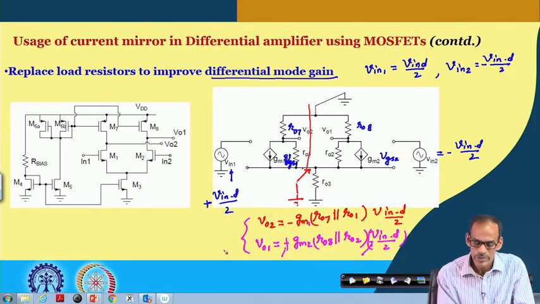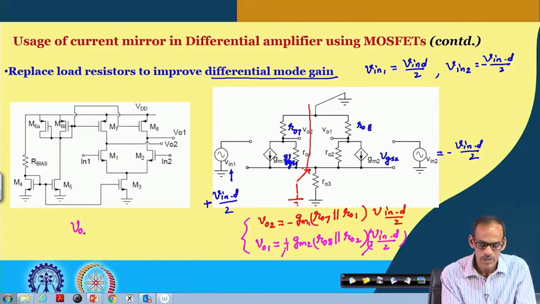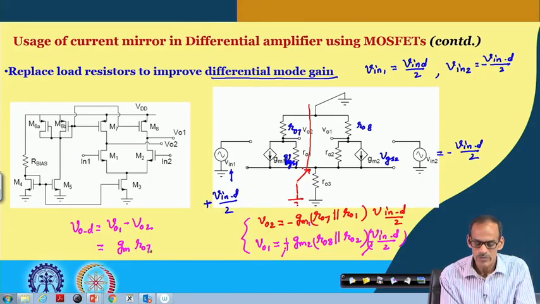So, from that we can see the differential output VOD equals VO1 minus VO2. So, that is equal to gm into RO7 in parallel with RO1, assuming the respective terms are equal.